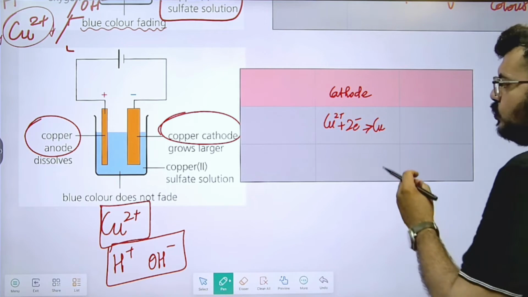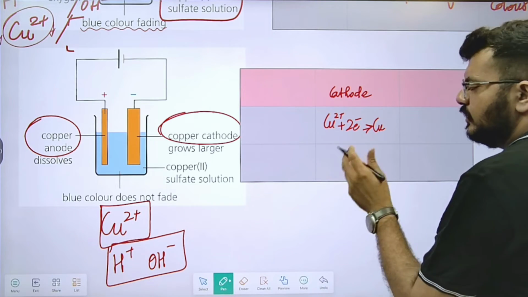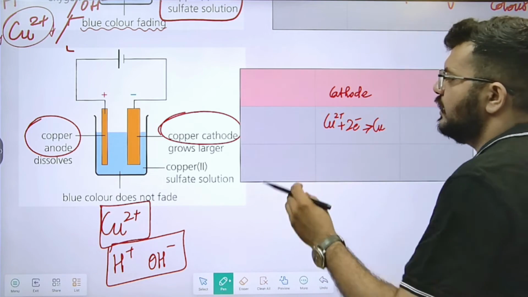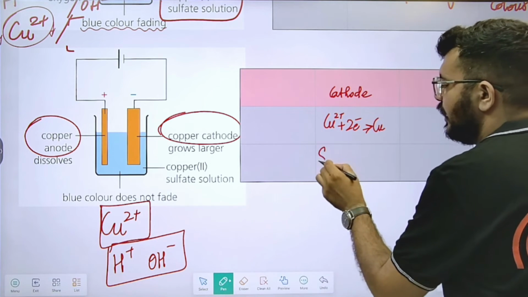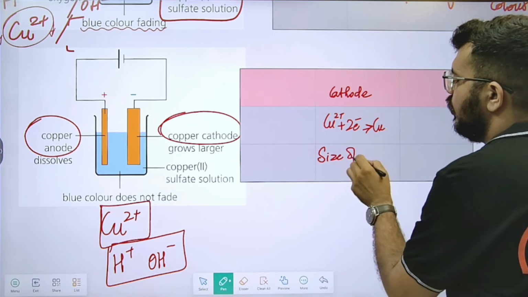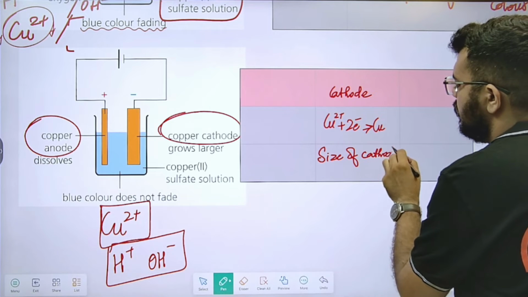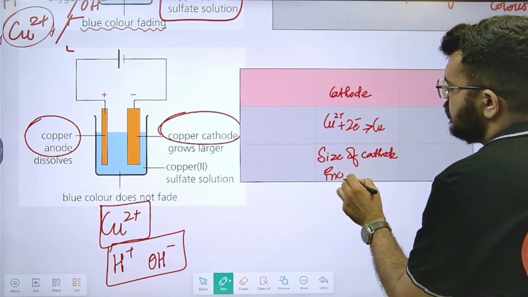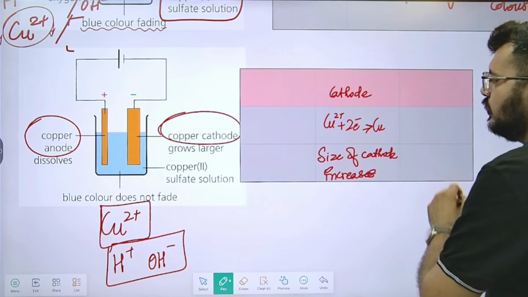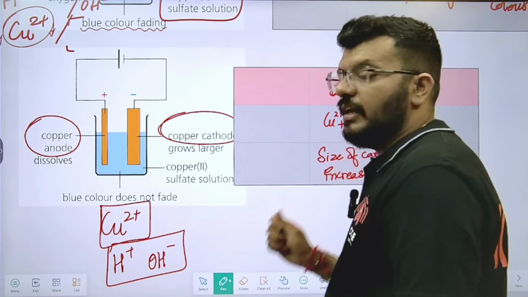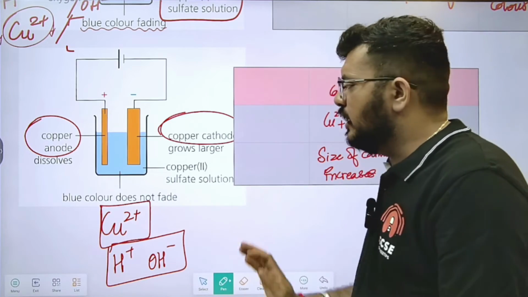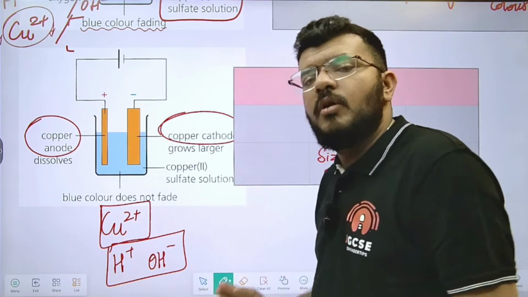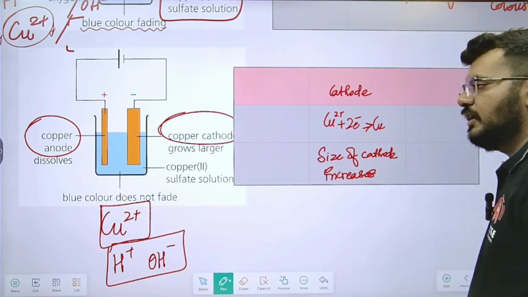What will you see? You will see that metal depositing at the cathode, but the cathode is itself made of that metal, so I will write size of cathode increases, right? If the size of cathode is increasing, it means we already know that it is made of copper, so copper is depositing on the cathode.